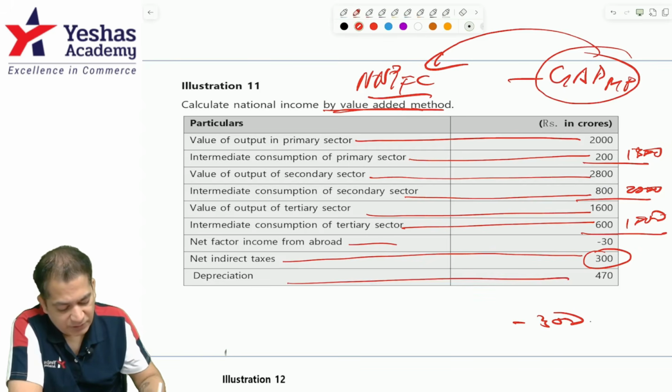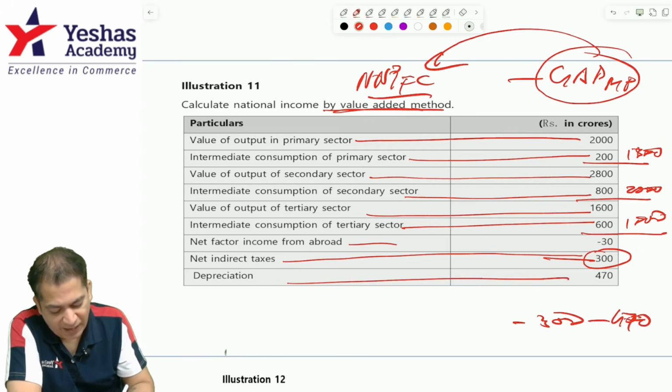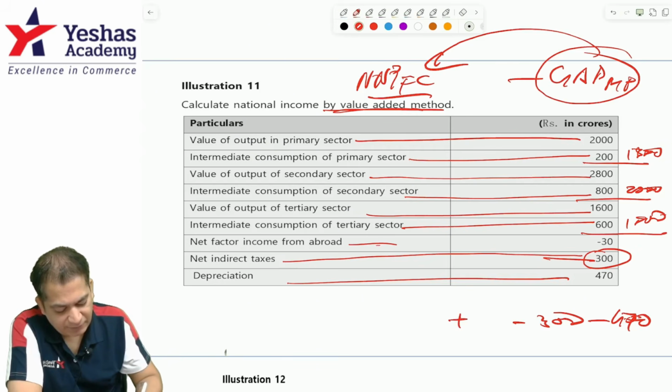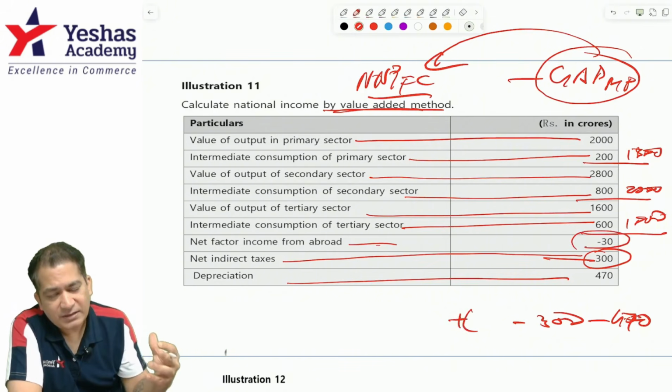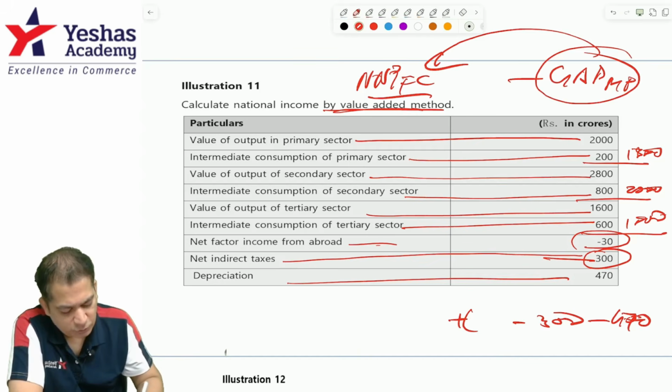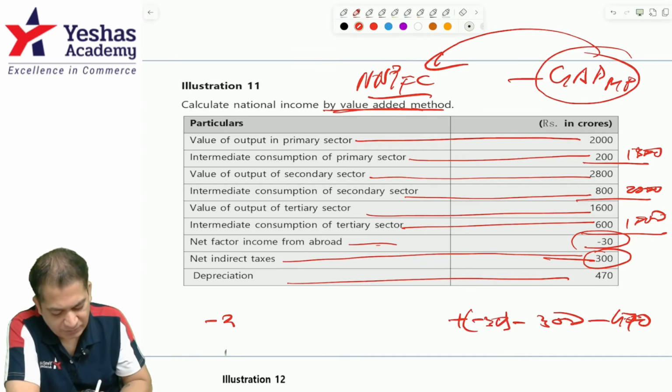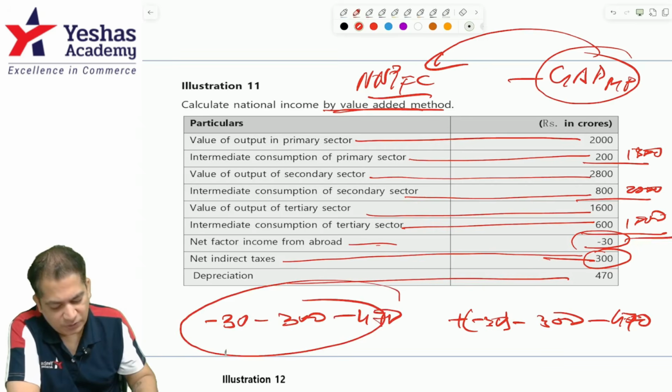It means you have to deduct 470 here. And then you have to add NFIA. So you have to add a negative value, because it's given as negative, it means foreign entities and individuals earn more in India compared to Indian entities and individuals abroad. So minus 30. So basically you're doing minus 30, minus 300, minus 470 to the value you got here, and you get your national income.